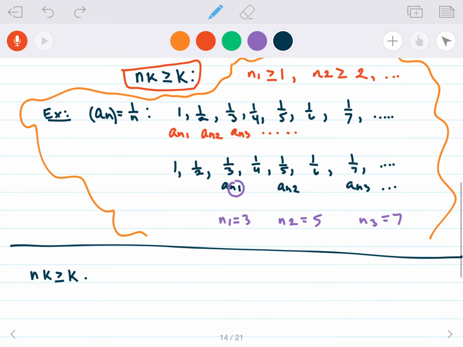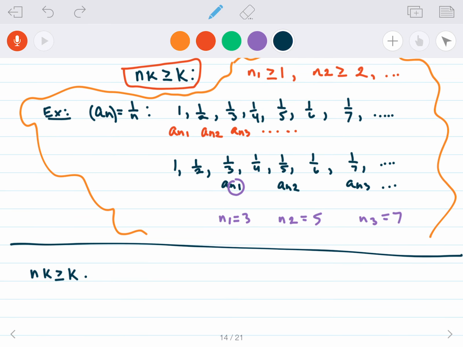And so at this point, we can choose capital N1 to be equal to capital N. Remember, the subsequence is a subset of our original sequence, with the terms in the same order that our sequence is going. So if our sequence is decreasing, our subsequence is also going to be decreasing.